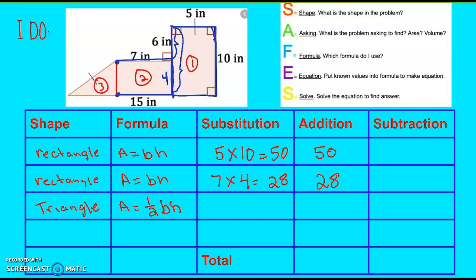Now I'm at my last one. Well, I know that this part right here is my height, and let me use a different color for that. This is my height, and it's the same as this over here. So I know my height is equal to 4. And so now I need my base. Well, what is my base? Let's see. Well, I know that from this point all the way down here is a total of 15. But I've already used 5 from here to there, so that's minus 5.